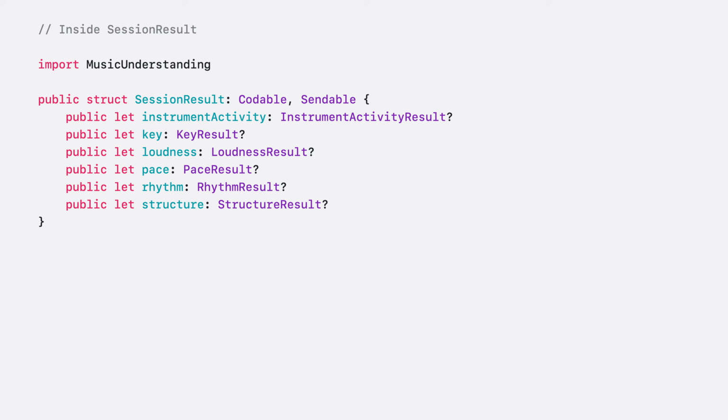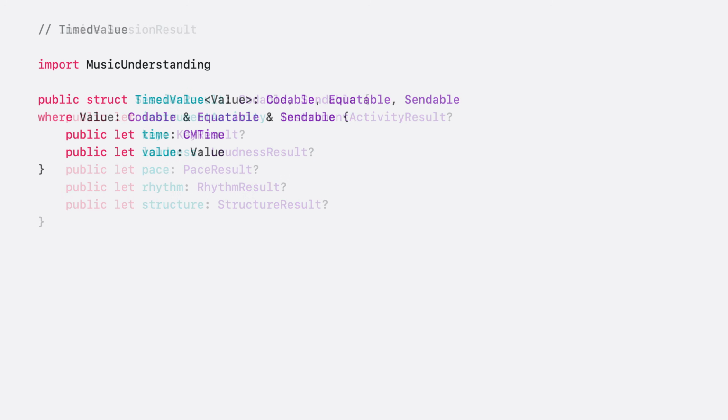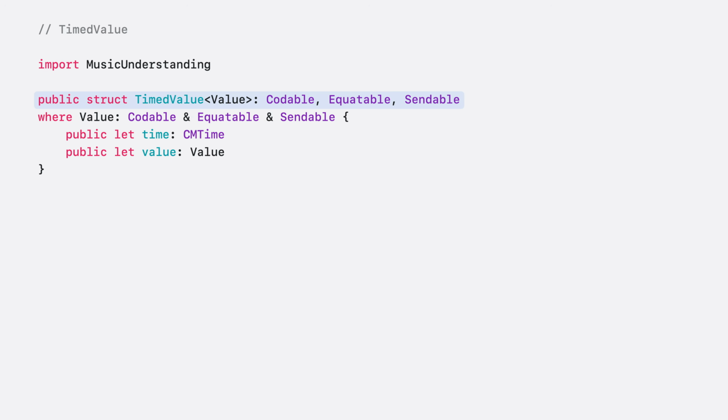Throughout the Music Understanding framework, there are two standard types used to associate time with a value. A timed value associates a value with a CM time. Similar to time value, a ranged value associates a CM time range with a value.